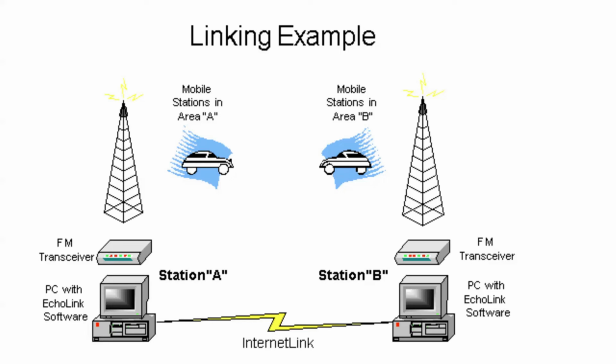So I will say that probably the feature that people don't realize exists is that, say, a mobile in area A can put in the node number for any Echolink node and get connected. And that's done through DTMF tones. And Kenwood radios have memories, like quick dial for Echolink.